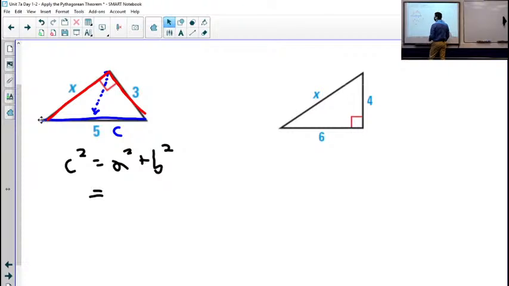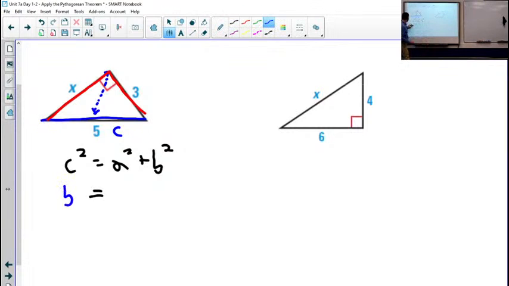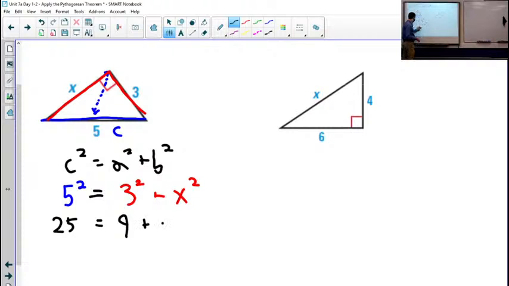So the 5 is going to go on the left side. And on the right side, we're going to put the 3 squared plus x squared. And then we'll work those out. 5 squared is 25. 3 squared is 9.